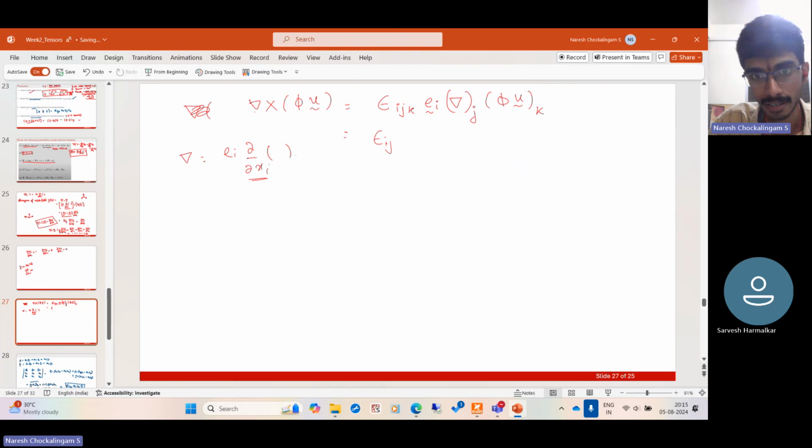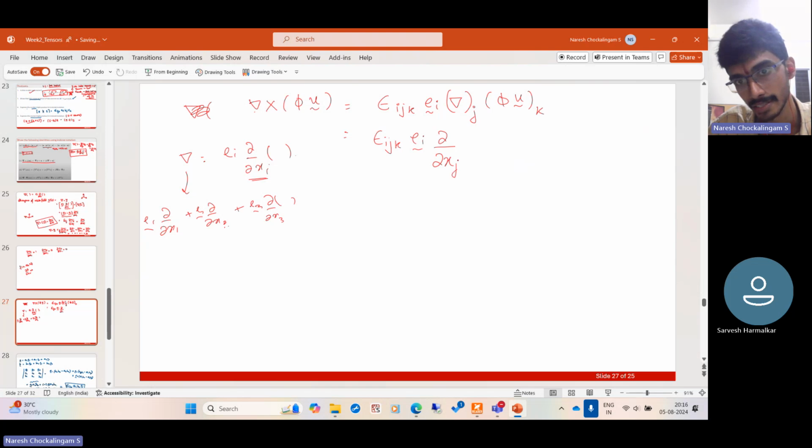Now, what is grad's jth component? So this is just dou by dou x1 e1 plus dou by dou x2 e2 plus e3 dou by dou x3, right? So the jth component is nothing but dou by dou x_j acting on this thing.